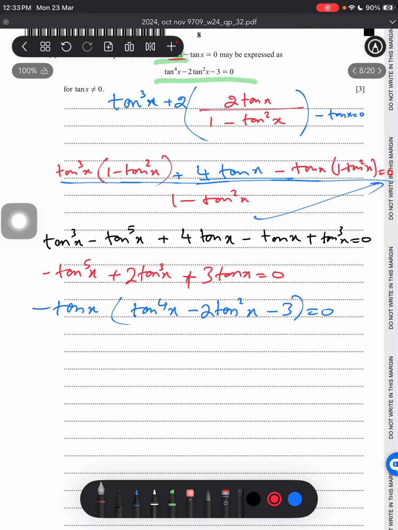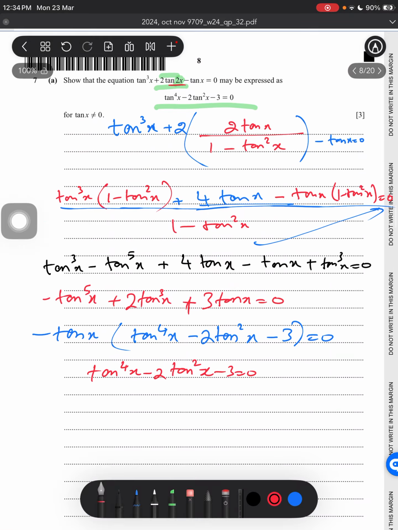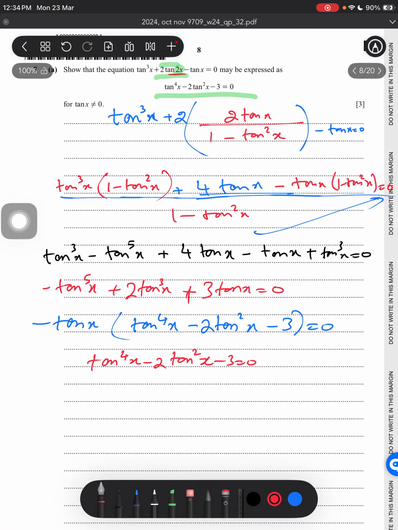The other value is tan power 4 x minus 2 tan square x minus 3 equals to 0, and that's what we had to show. And as tan of x was not equal to 0, so this is shown.